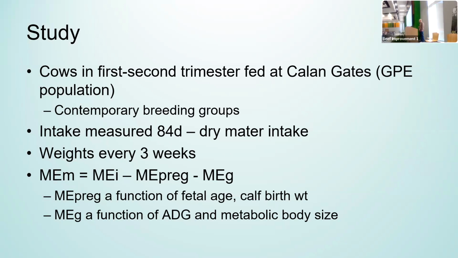The intake period was 84 days, weighed every 3 weeks, and then metabolizable energy for maintenance was a function of that intake minus energy for pregnancy, trying to get an idea of the gestational age of the cow, and how much the cow actually ate during a feeding trial to achieve that.